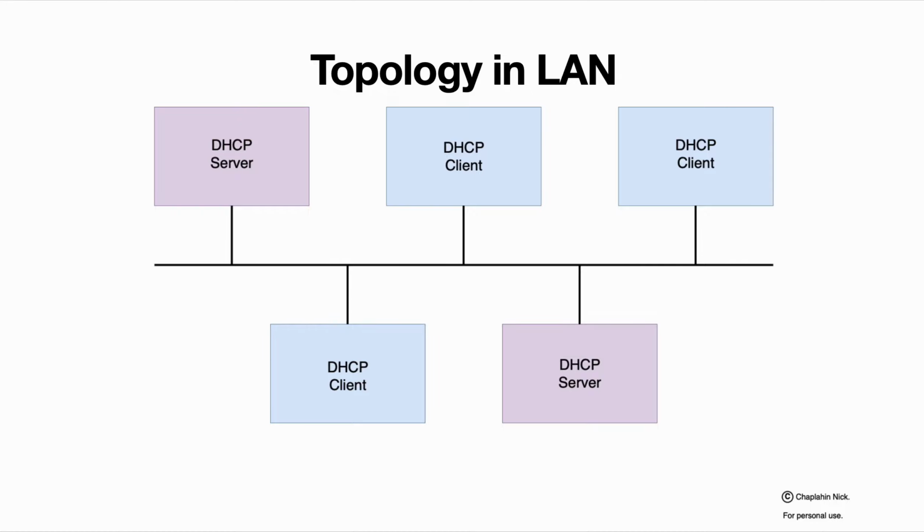Now, to cover as much as possible of DHCP operations in a simple manner, let's take a topology of a single LAN with multiple DHCP servers, and work with it. DHCP operations, in general, are sending packets from client to server and from server to client.